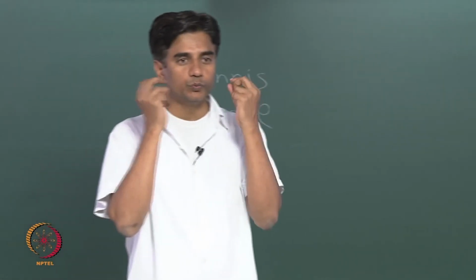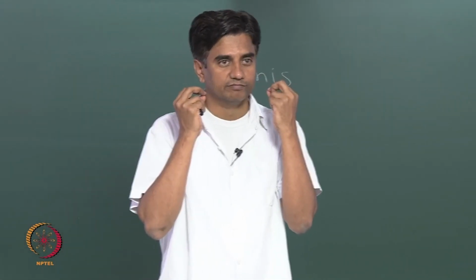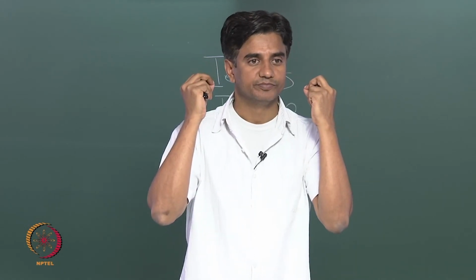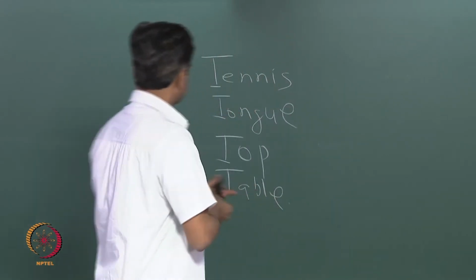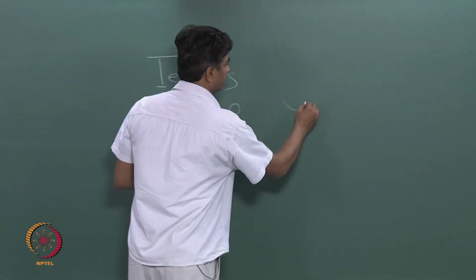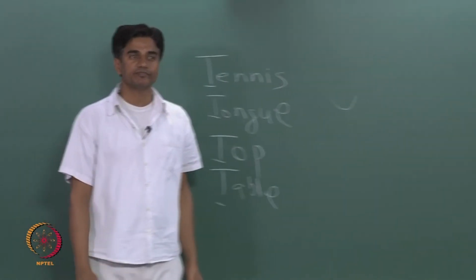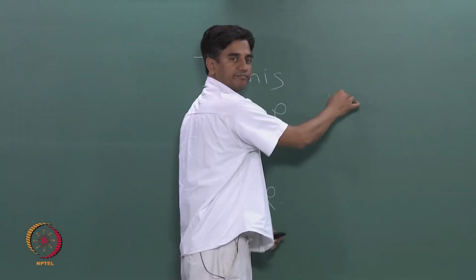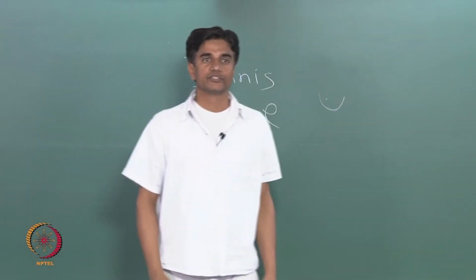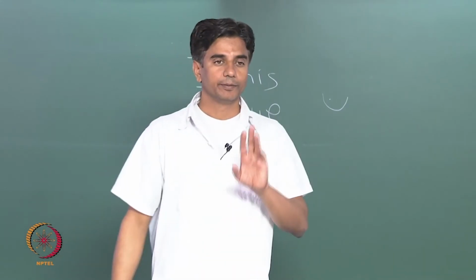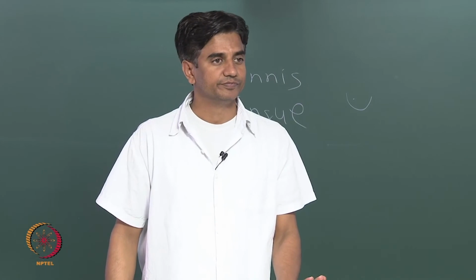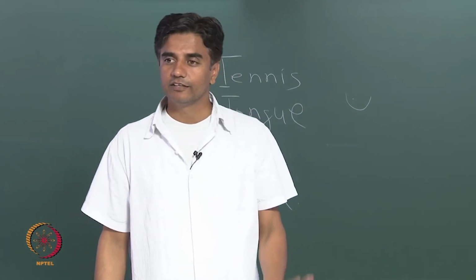The two side blades of tongue are touching the palate, and then thus it's making a shape like this, and the flow of air is through that. So this sound is called palatal fricative. Okay, palatal fricative.